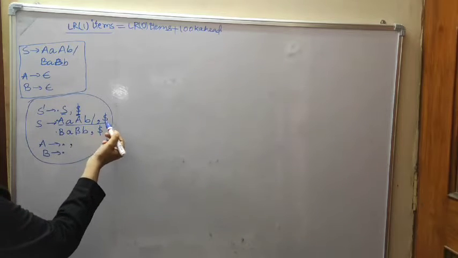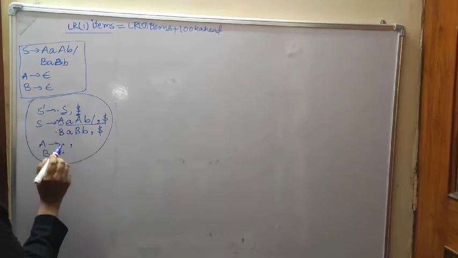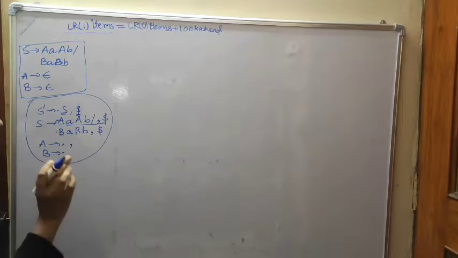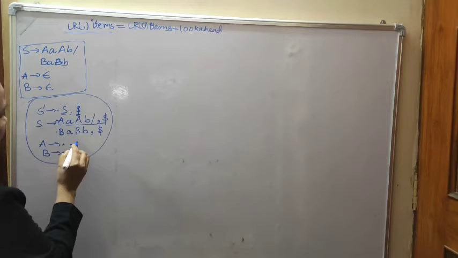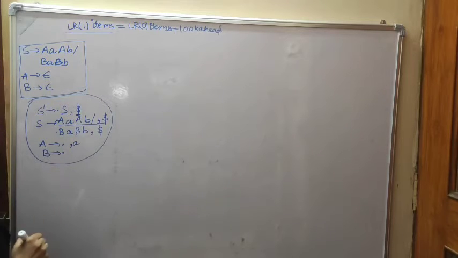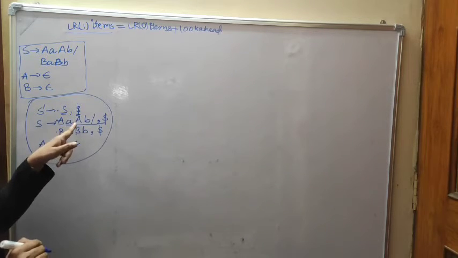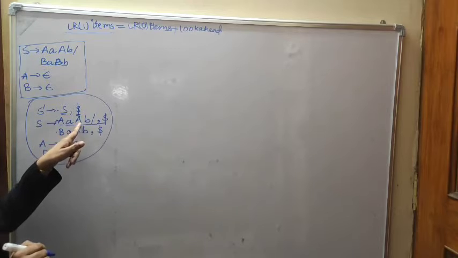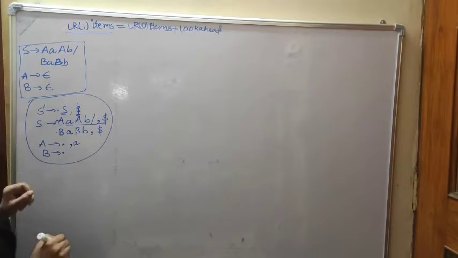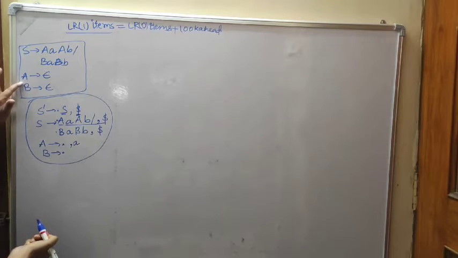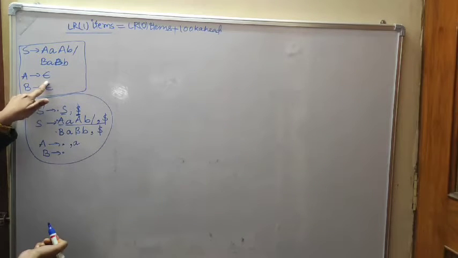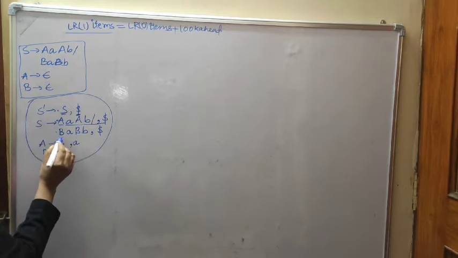A, B, then dollar. So for the first A, the look ahead is only the first of that variable. What is the first of A? First of A is A. Looking at the first of this A, it will become B. Here also, first of A is dot. Now what is the first of B?